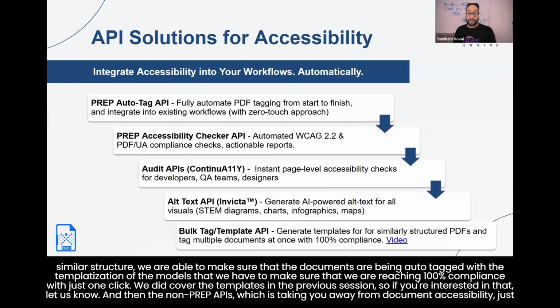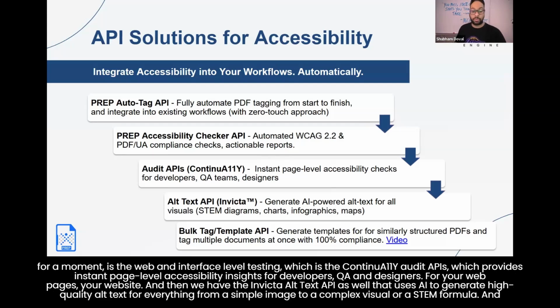And then the non-prep APIs, which take you away from document accessibility just for a moment, are the web and interface level testing, the Continual Audit APIs, which provide instant page-level accessibility insights for developers, QA, and designers for your web pages, your websites.